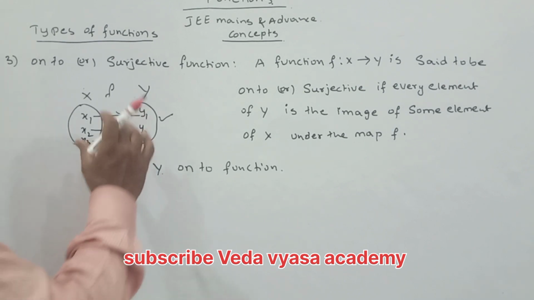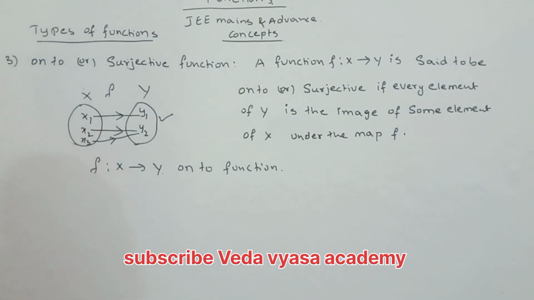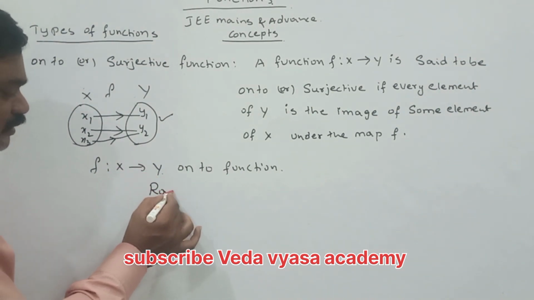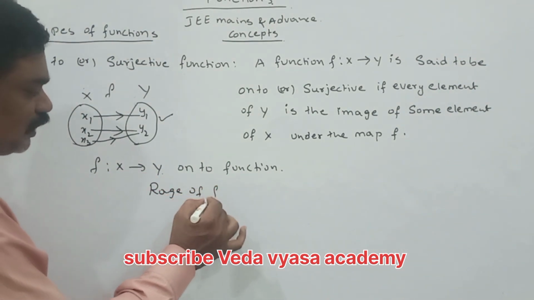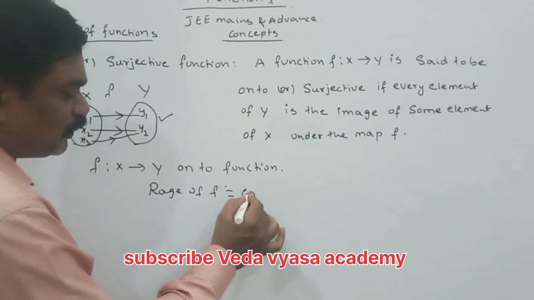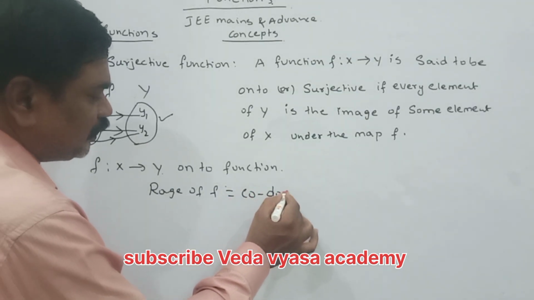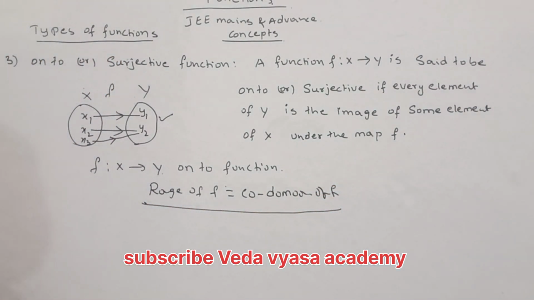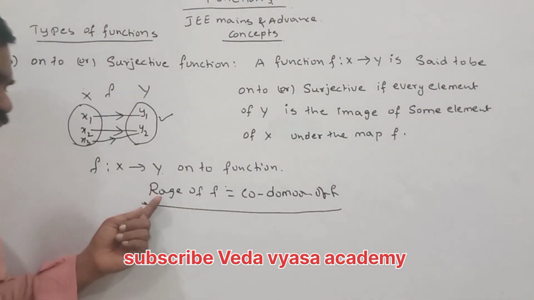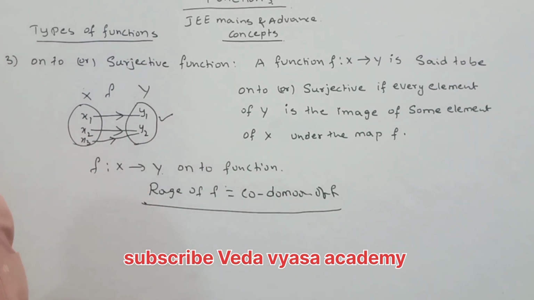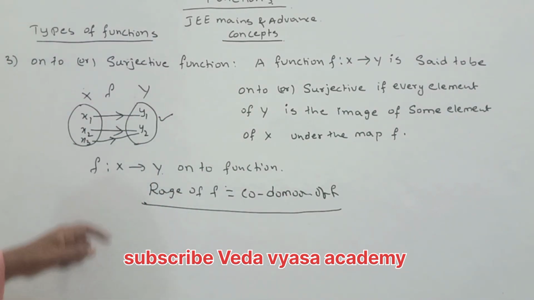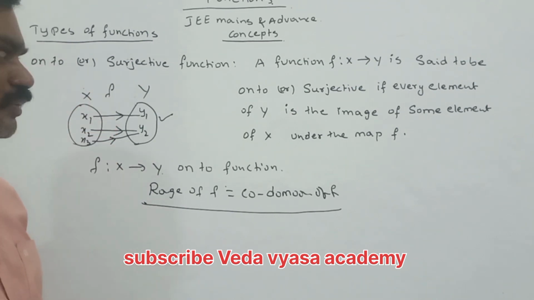That is, f: X to Y is an onto function means every element in Y is an image, that is, the range of f is equal to the codomain of f. If the range of f is equal to the codomain of f, then it is said to be onto function or surjective function.